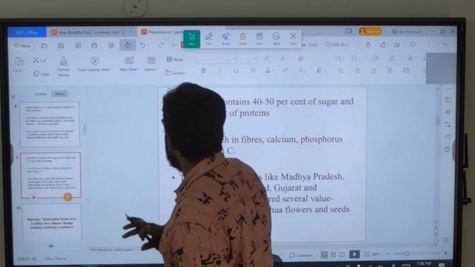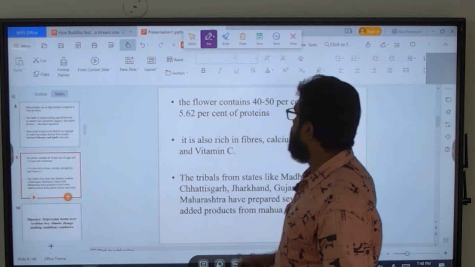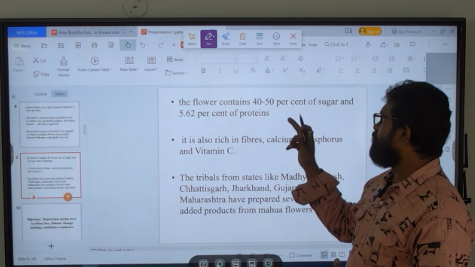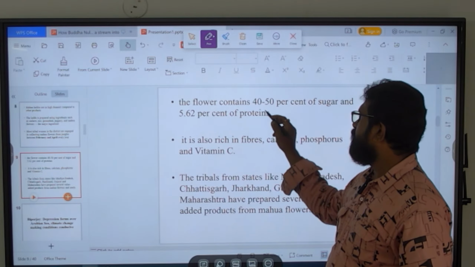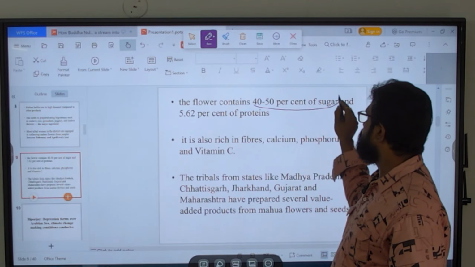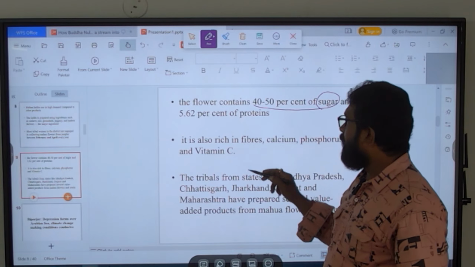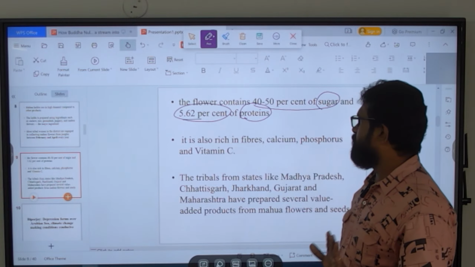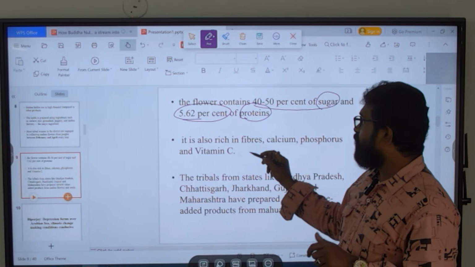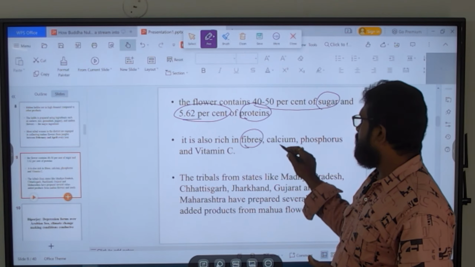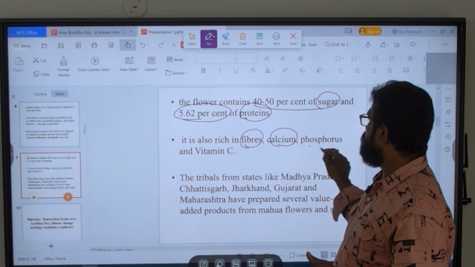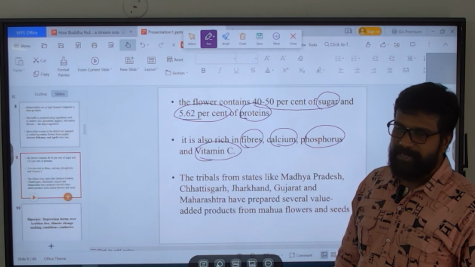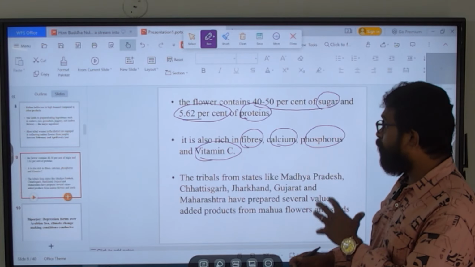Fine. You see this, but you have to know the exact content of that flower. The flower contains 40 to 50 percent sugar, and it also has protein at 5.62%, and this flower is also rich in fiber, rich in calcium, rich in phosphorus, and rich in vitamin C. We might get questions like this about the flowers.